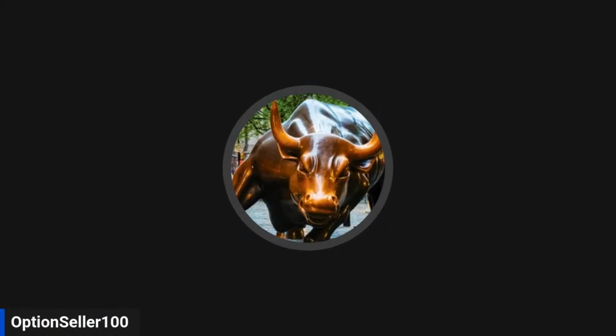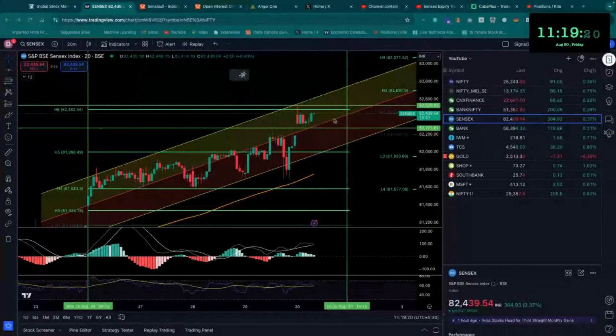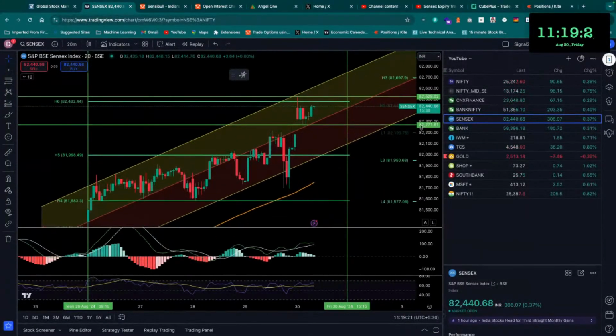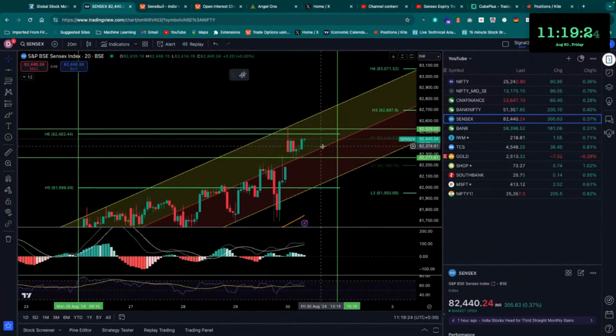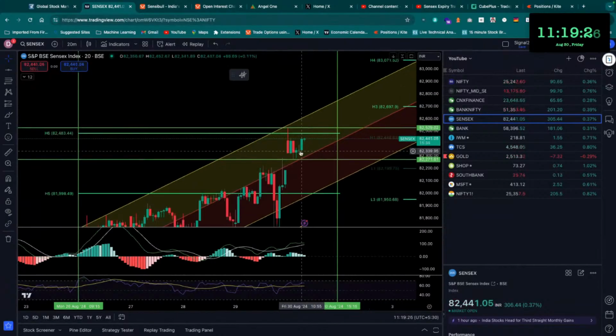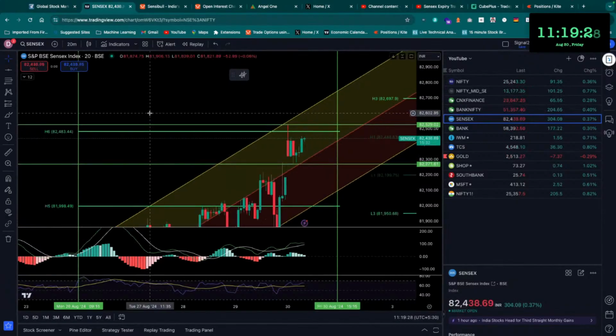So let me share the other screen. All right, I don't consider this a sudden spike, but definitely it is a bit of a spike. This is 20 minutes.